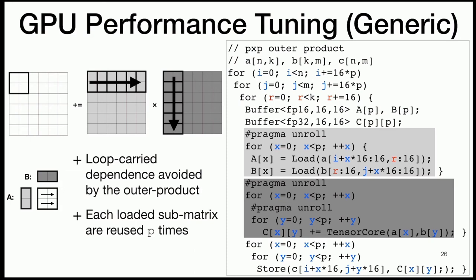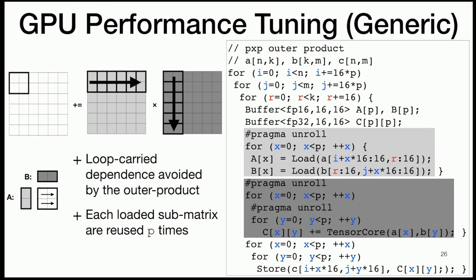By outer product, we mean a matrix multiplication between 2 vectors. One is P by 1 and the other is 1 by P, so the product is P by P. By doing this, each loaded memory buffer of A and B is reused P times, and the pipeline penalty is hidden by the split data parallel loops.